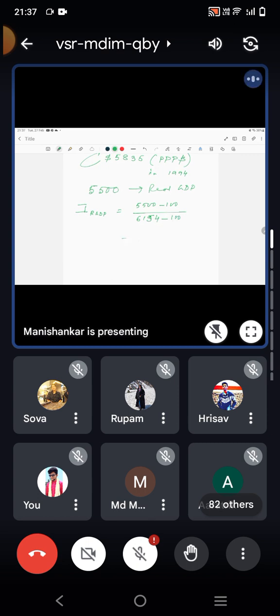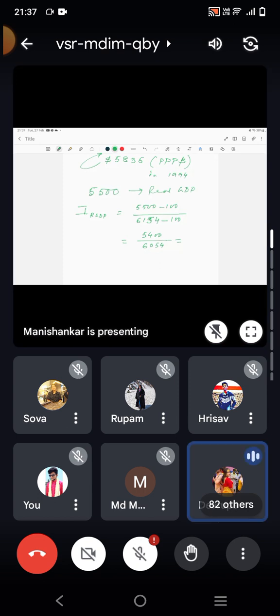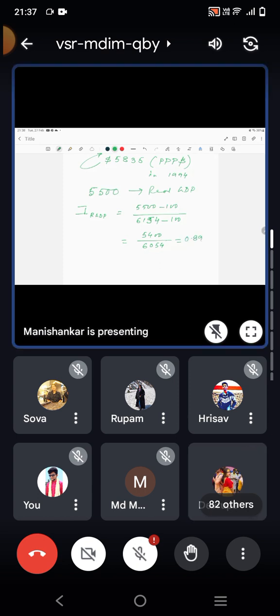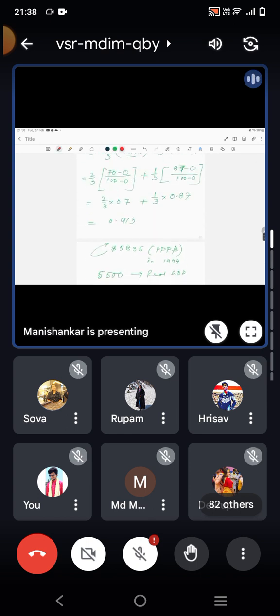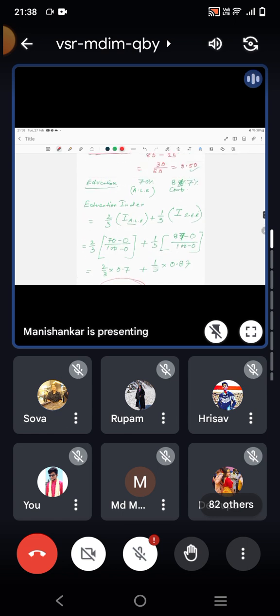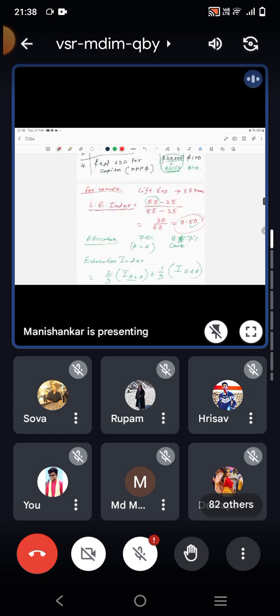So this is 5400 over 6054. So you calculate the value: 0.8919, about 0.89. Okay, so in that way you calculate this indicator, that indicator, and your life expectancy.